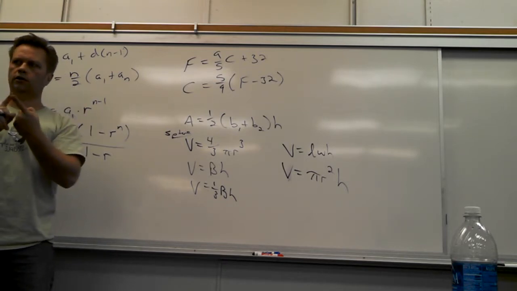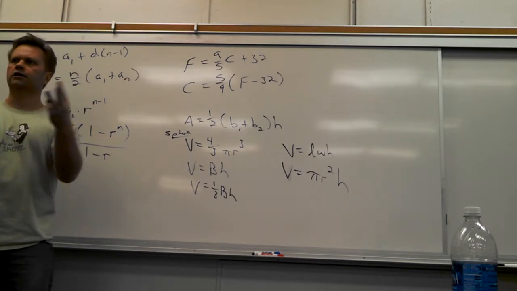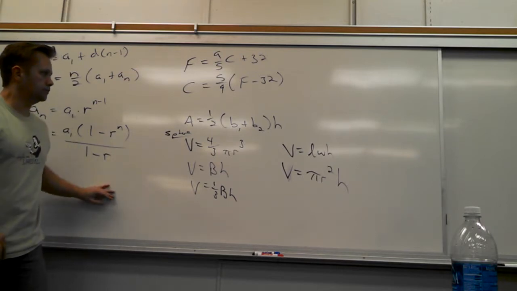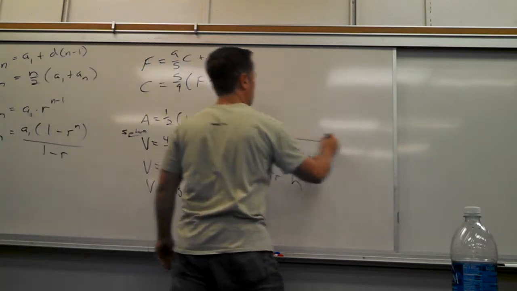Chapter 11, we only did section 11.1 as percent and decimals and fractions, so there's no real formula there. And then chapter 12, we got probability formulas.